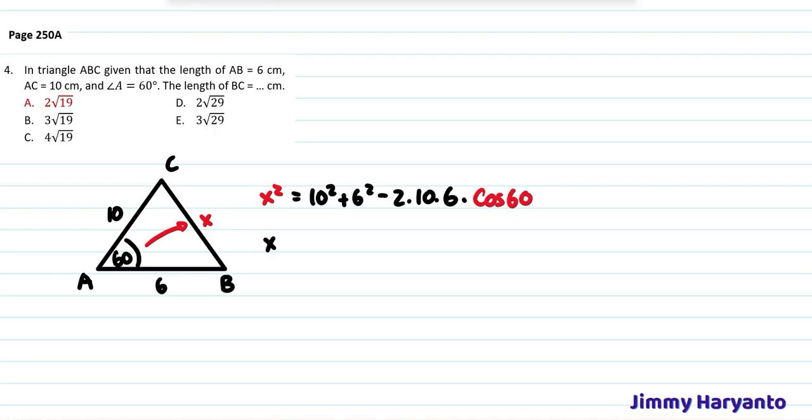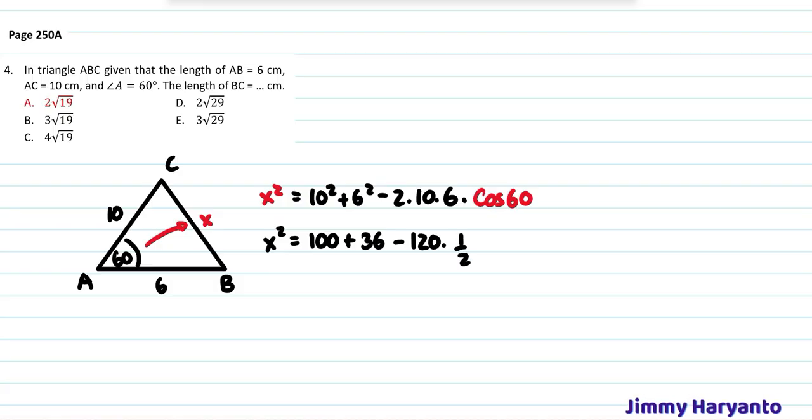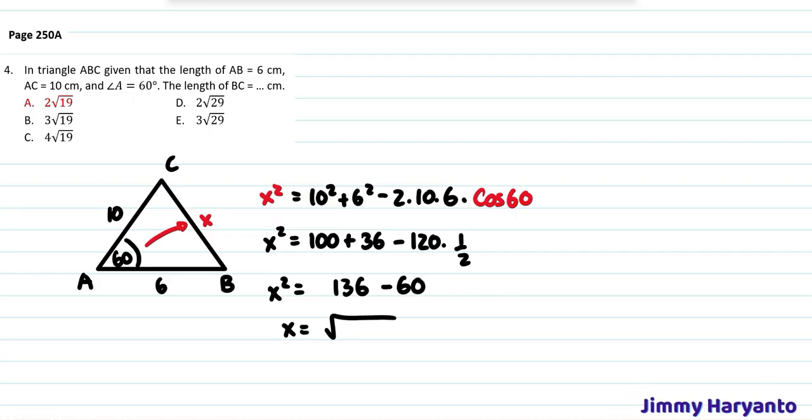Let's calculate this. x squared equals 100 plus 36 minus 120 times half. That means x squared equals 136 minus 60. So x equals square root of 76. And if you simplify this, you'll get 2 square root of 19.